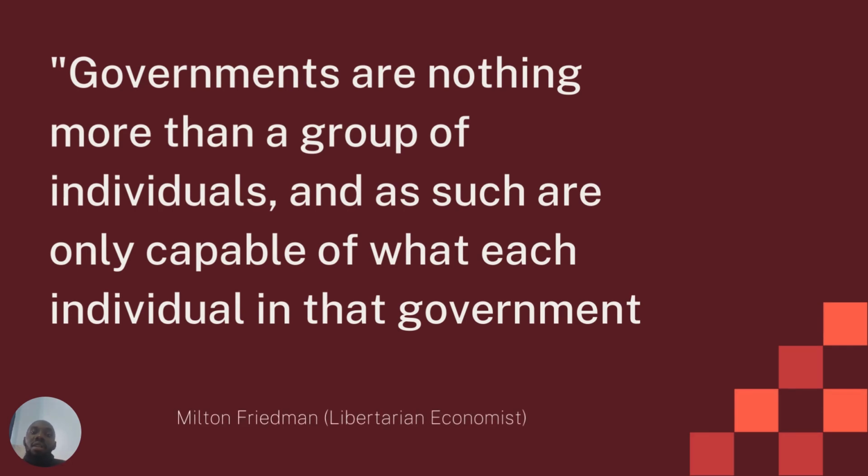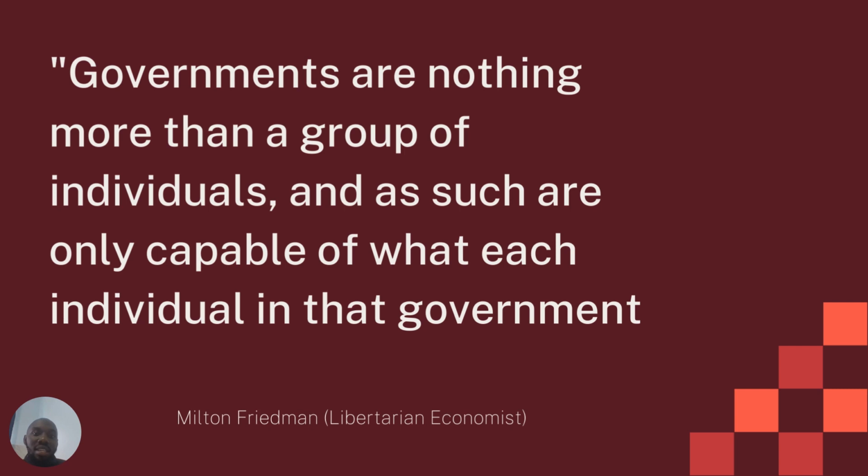And of course, governments are nothing more than a group of individuals, and as such are only capable of what each individual in the government is capable of. And remember, the things that they're capable of as individuals within the government are things that we as the people have mandated them to do.